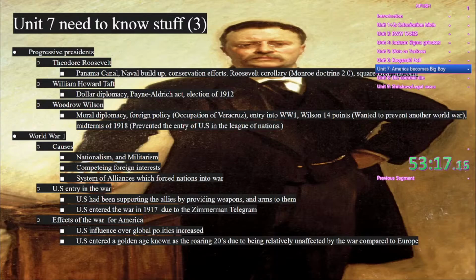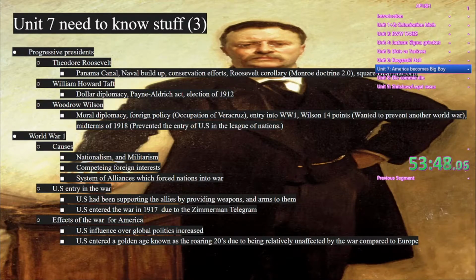Now, Wilson, you should know his moral diplomacy and his foreign policy, which was very interventionist, such as the occupation of Veracruz. But contrary to Wilson's normal interventionist foreign policy, he wanted to stay neutral in World War I, although he did heavily lean towards the Allies.